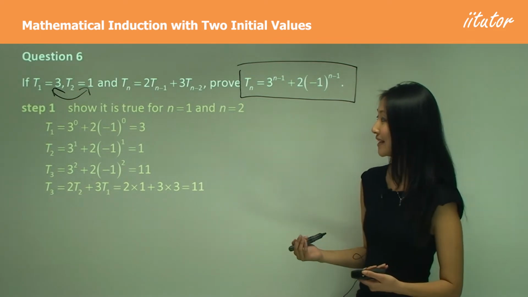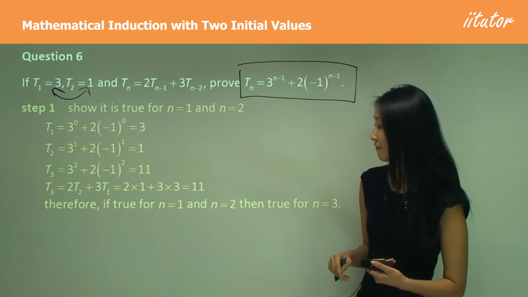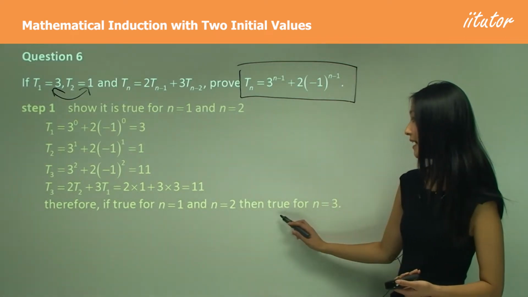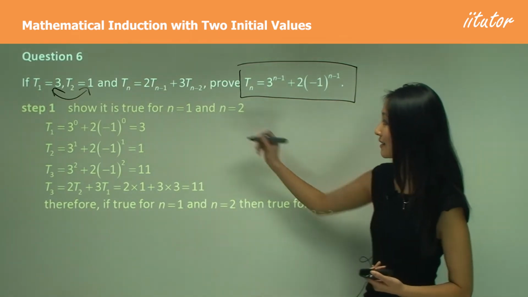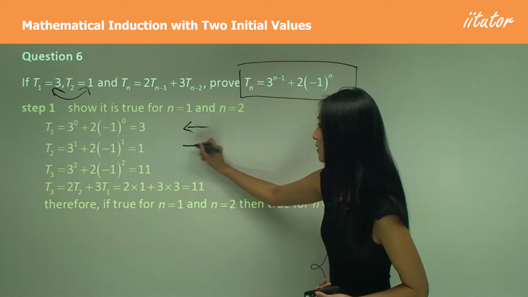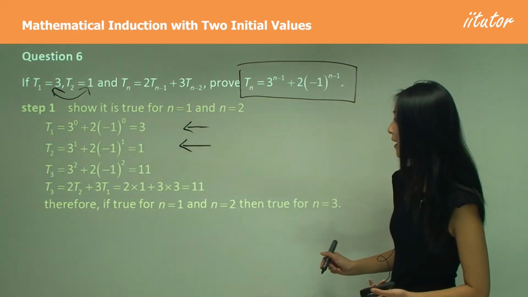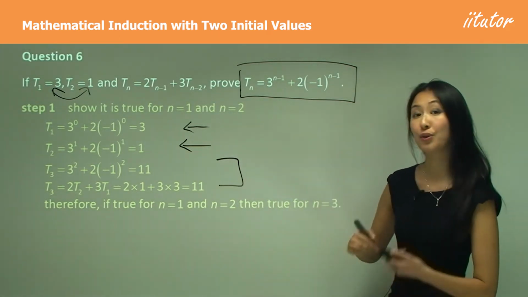So therefore, we can say it is also true for n equals 3. So therefore, if true for n equals 1 and n equals 2, then it is true for n equals 3. So can you see what we've done is here we've proven it's true for n equals 1 and n equals 2, but we must also use here that n equals 3 to show the relationship.